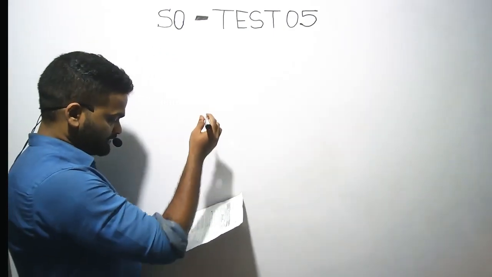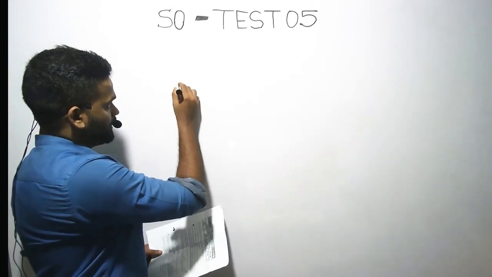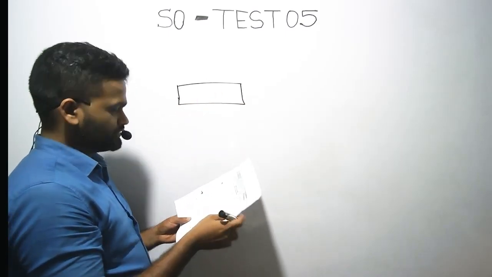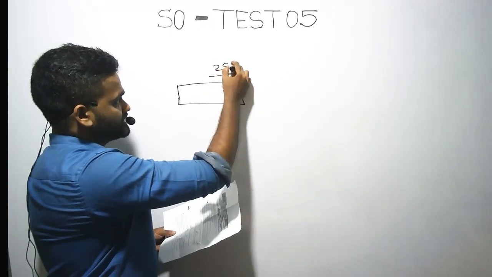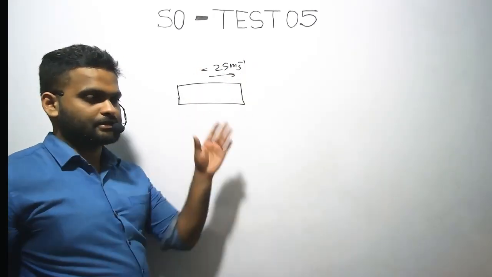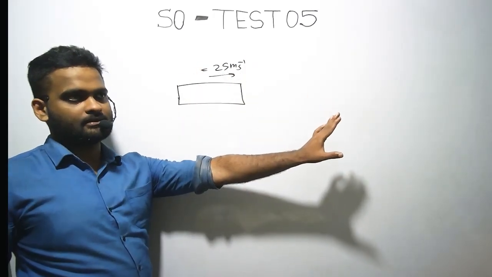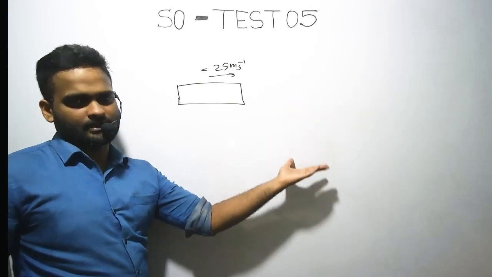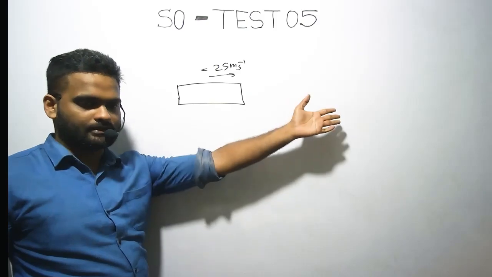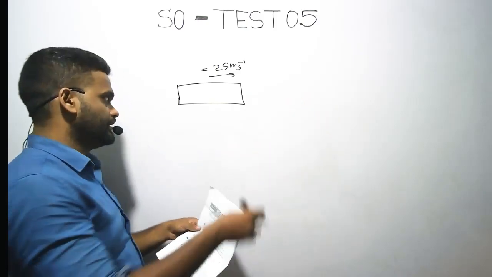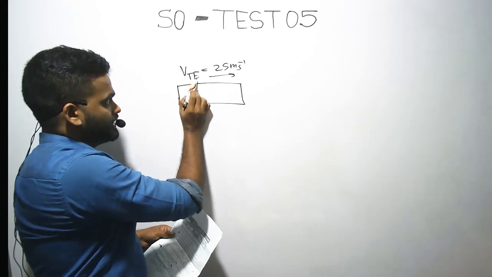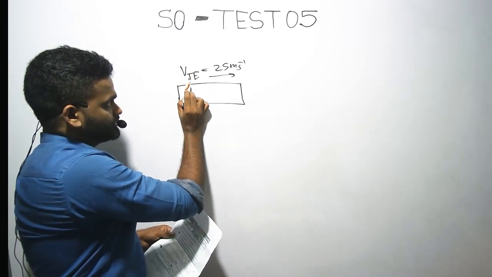So there's this train. So the train is moving at 25 meters per second. When they say train is moving at 25 meters per second, it is relative to Earth, obviously. A train is moving at this velocity relative to Earth. Even though they don't mention it, you have to understand that is relative to Earth velocity of train.